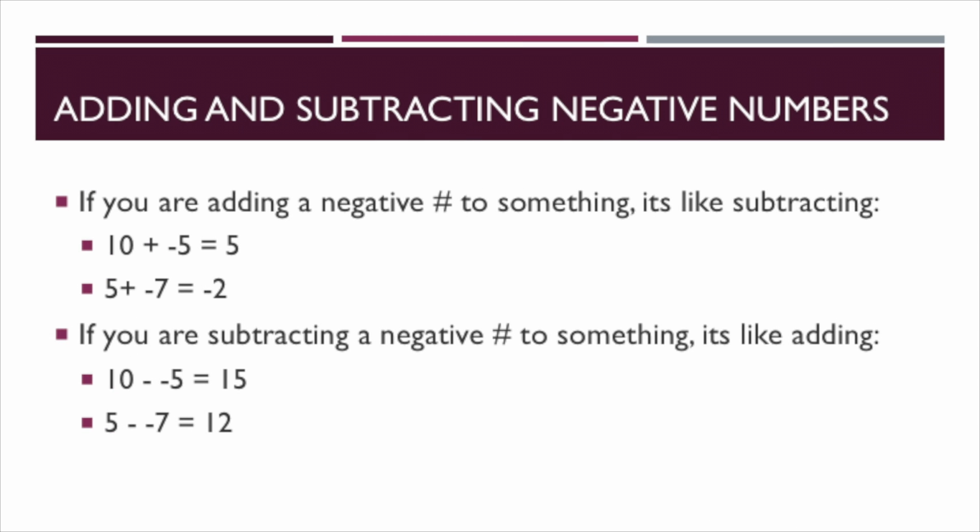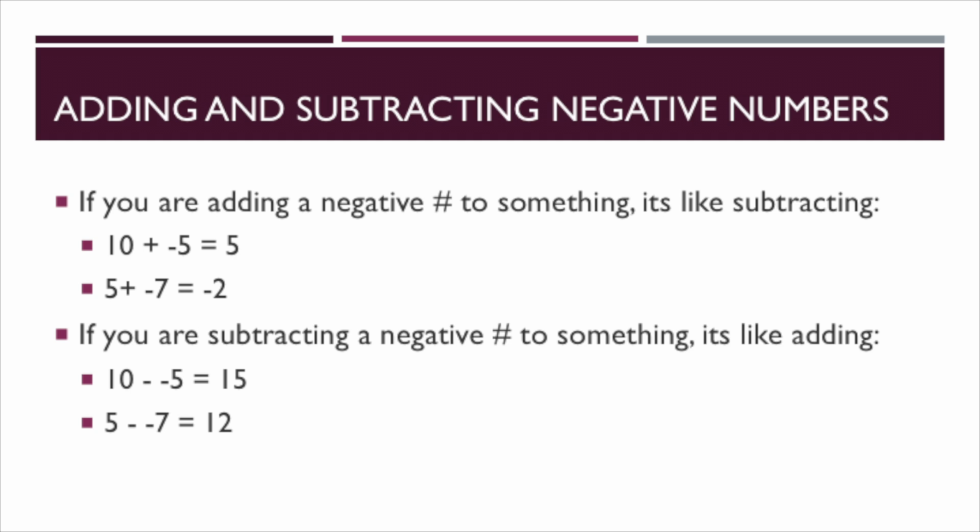So we know the concept of positive and negative numbers now. Let's talk about doing math with positive and negative numbers. When you're adding a negative number, it's like subtracting a number. So, for example, if we add 10 plus negative 5, it's kind of like 10 minus 5, so you get 5.